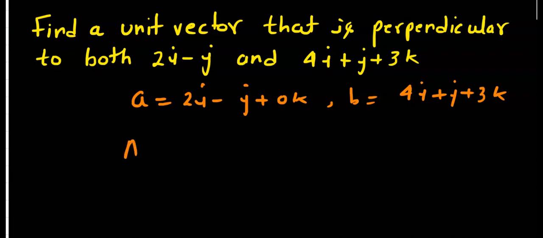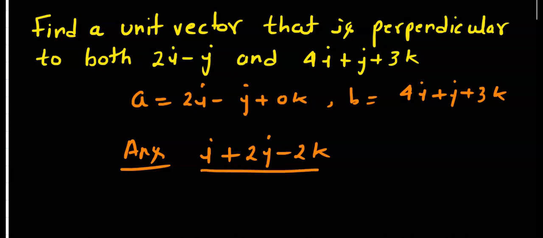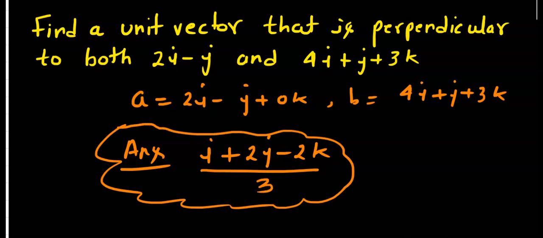Your answer should be i plus 2j minus 2k divided by 3. So this should be your answer. If you are not getting this answer, check your calculation and please go over my video again, and we'll stop here, and we'll see you soon.